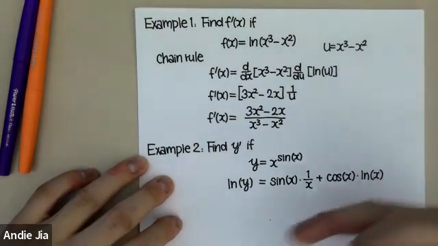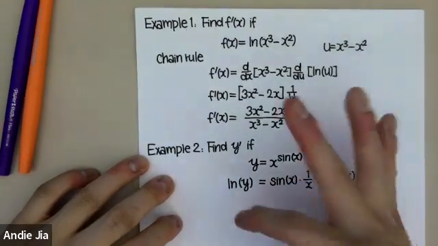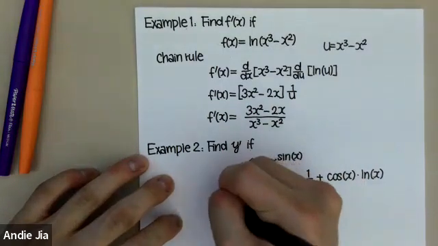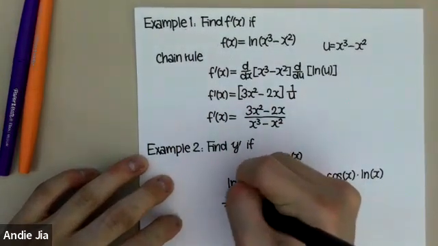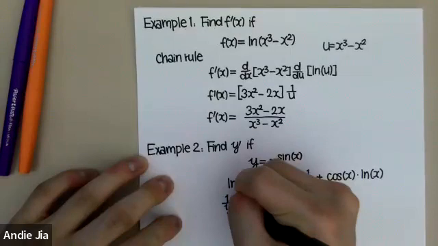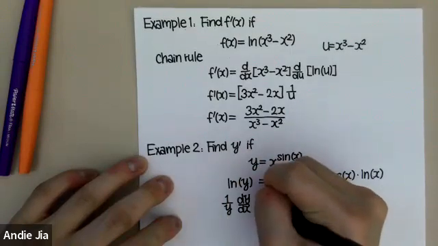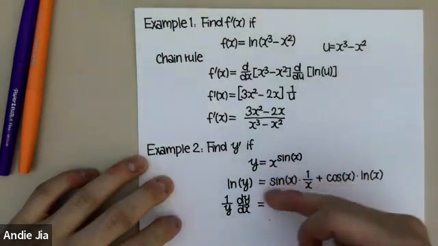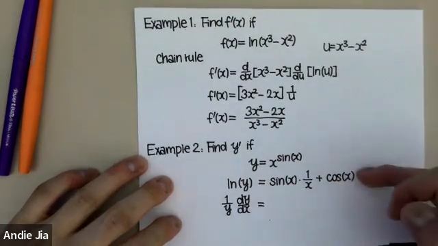And then we take the derivative of natural log of y, so we get 1 over y dy/dx equal to this, as we combine them into the same step.